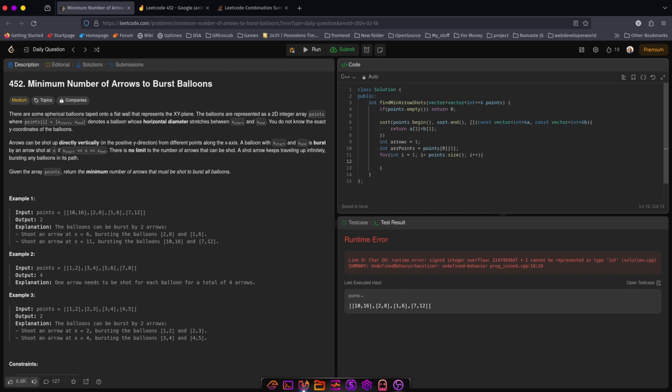If the current balloon's start is greater than the current arrow position, then my number of arrows will increase by 1, and the arrow position will get assigned the current balloon's end.